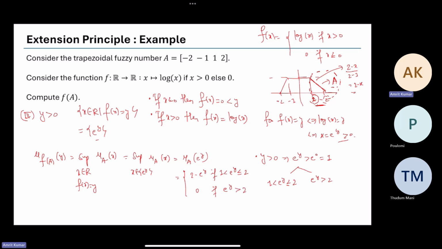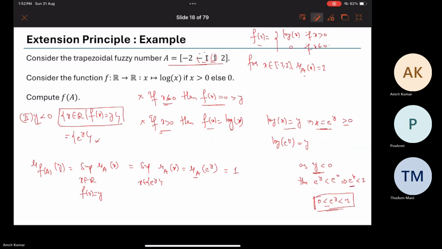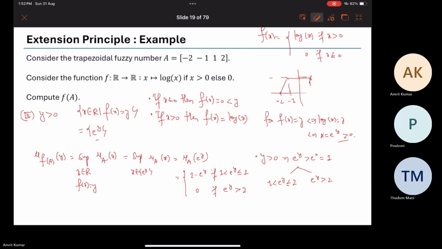So this is our fuzzy set A, and we know that between 1 and 2, the membership function is 2 minus x, and after 2, it is 0.